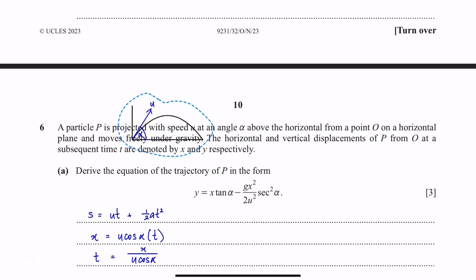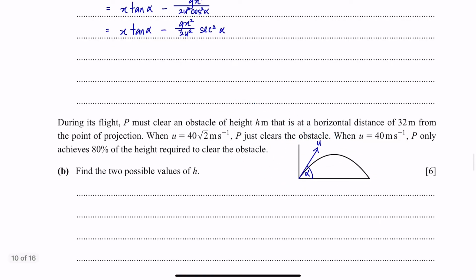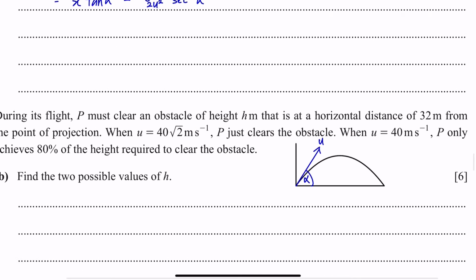So, let's say it has an obstacle at this point, and this is 32 meters, and this is height h. When u is 40 root 2, it reaches just nice at here. But when u is 40, it reaches 80% of the height. That means it's around here, and the height here would be 0.8h.